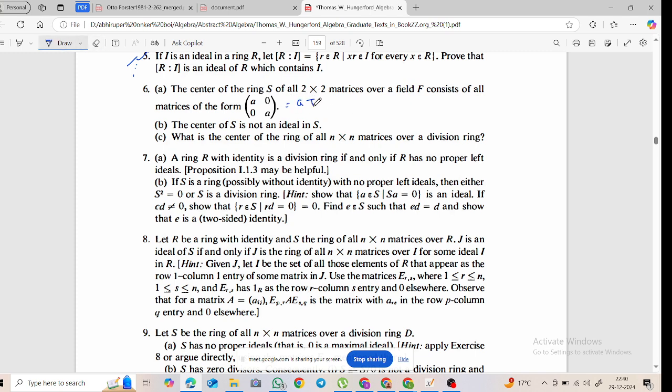So this is aI. Now take a matrix which is non-diagonal, say M, and you will see that the product aI times M is not diagonal. Thus, this is not an ideal.